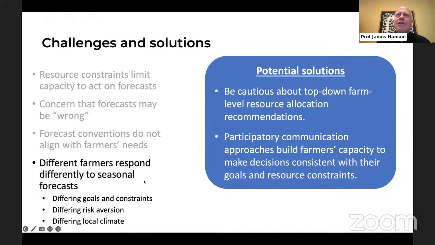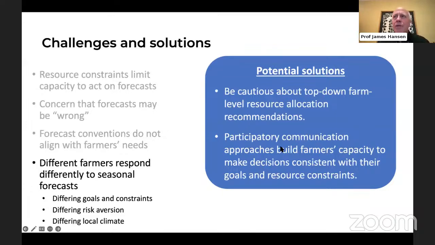The final challenge comes because the types of decisions that farmers make prior to the start of the rainy season may be very sensitive to differences among farmers, different goals and constraints, different levels of risk aversion, small differences in the local climate.